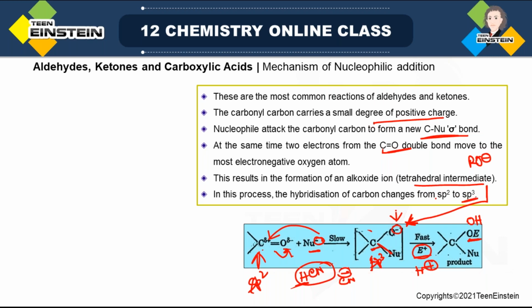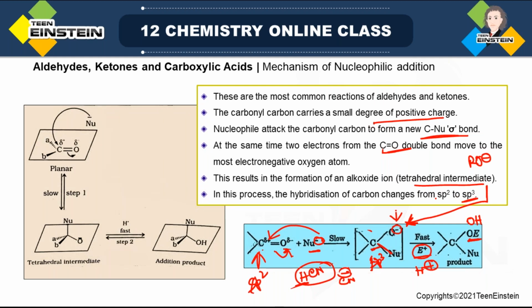Now the same mechanism that you are seeing here, you can also consider in this way. Here C double bond O is taken in this square; we know it is planar because it is sp2 hybridized. To have this idea of planarity, we have this square here.